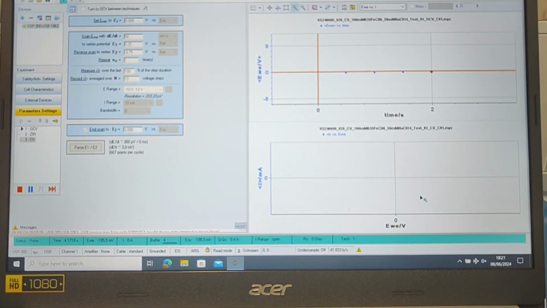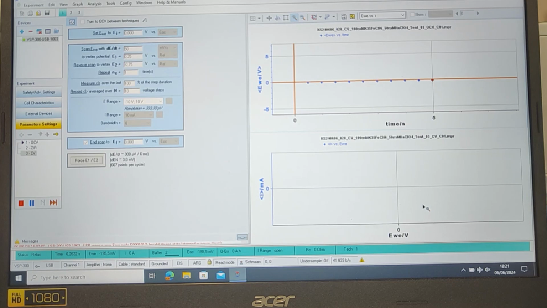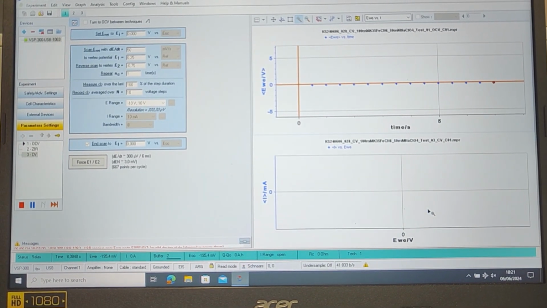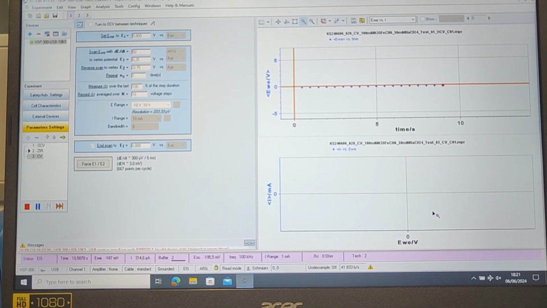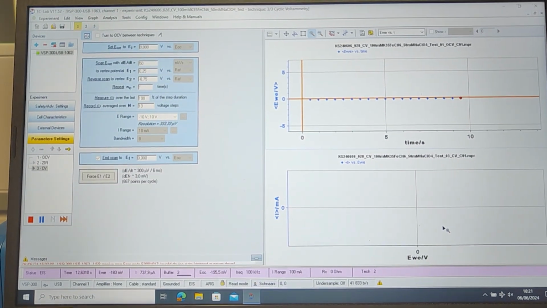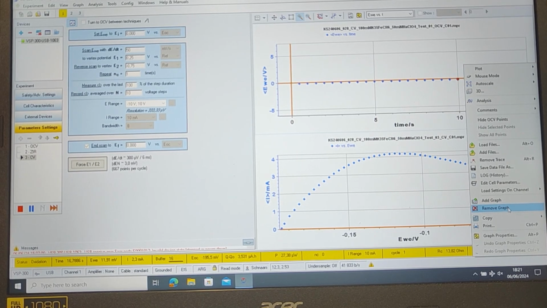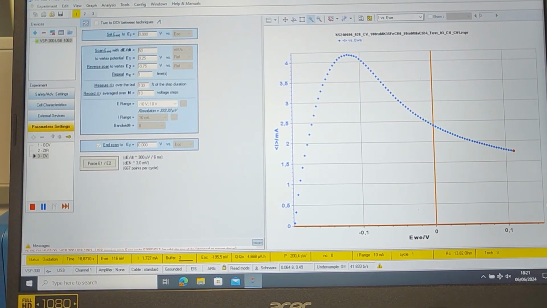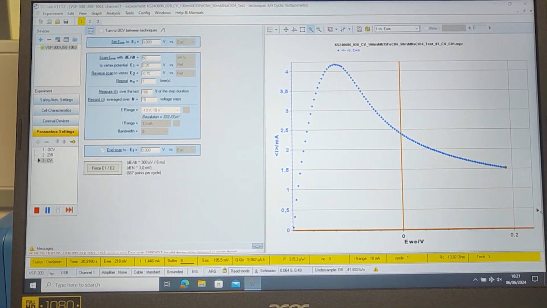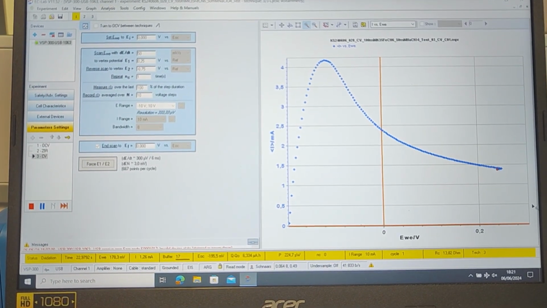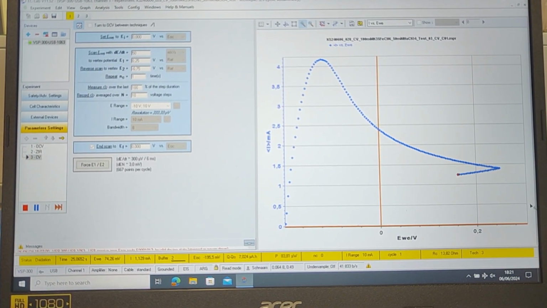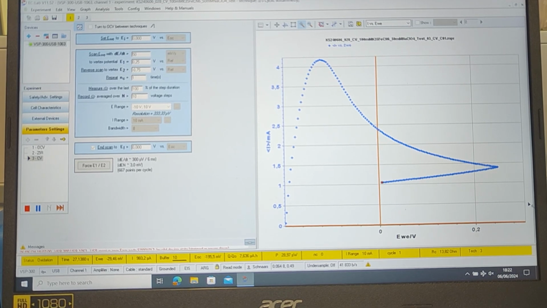We start off the measurement with determining the open circuit voltage, at which then our cyclic voltammogram starts off. The scan rate is approximately 50 millivolts per second, and now we can see the forward scan where the current rises until it peaks and then declines.